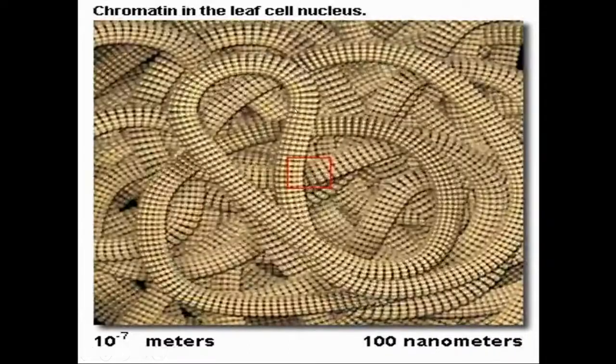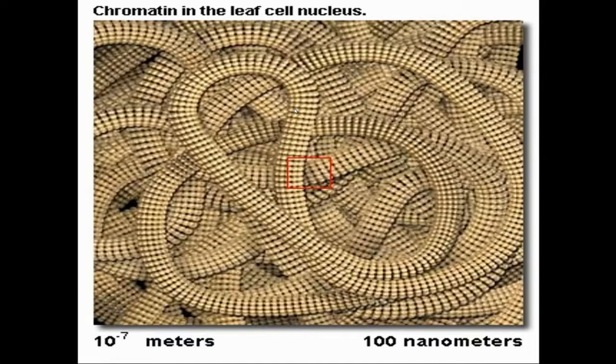And at 10 raised to the power minus 7, you see something that we call chromosomes. And that's essential in all cells. And you all know that for humans, females have X and X chromosomes, and men have X and Y chromosomes.